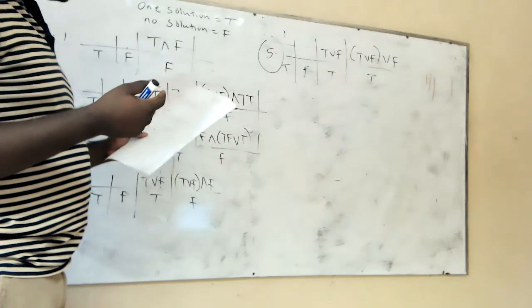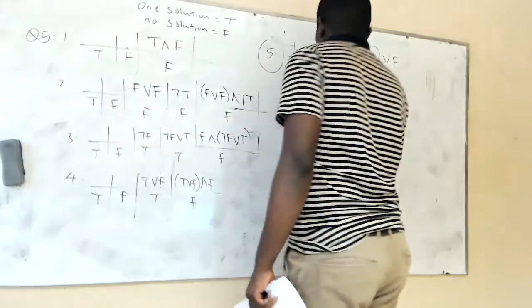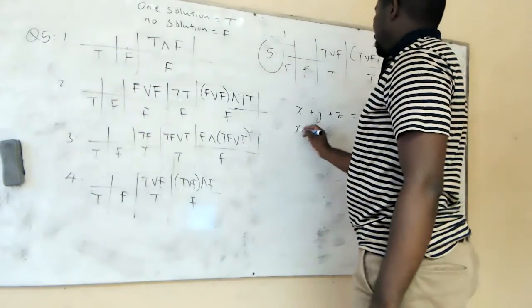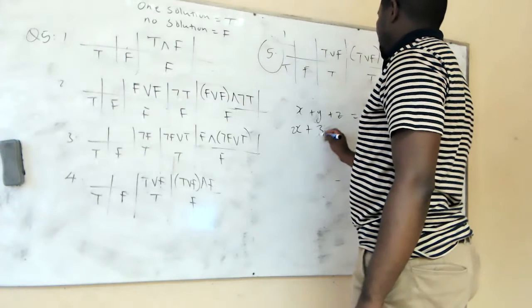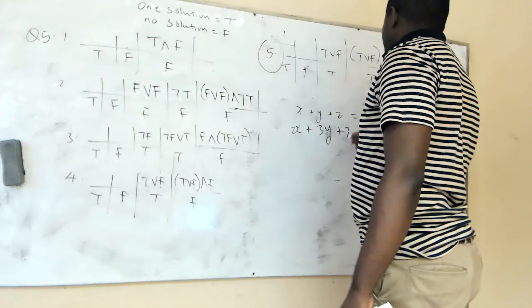So I think I've given you that example. For example, we can have x, y, z equal to 1, and then 2x plus 3, 1 plus 7z.